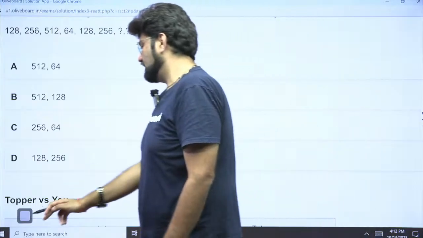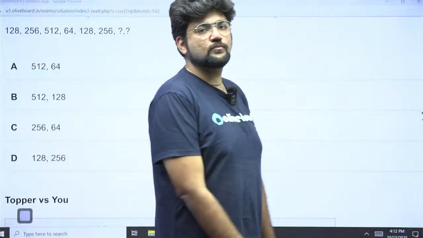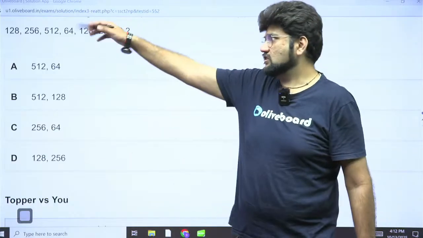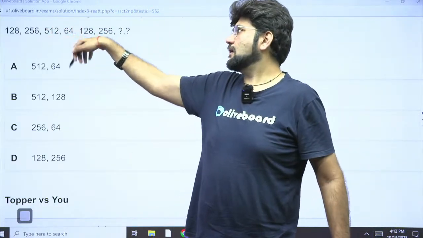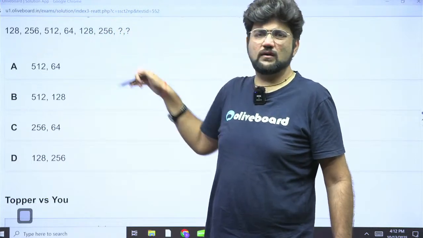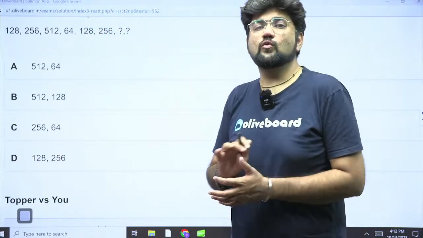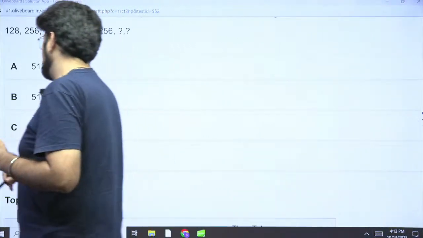This one is actually interesting. It's actually a twist. You will assume this to be a very conventional question and start finding differences, multiply by 2, then you'll get confused, divide by 8, multiply by 2, multiply by 2. You will not be able to approach it in the initial few seconds, then you will jump to the alternate method.